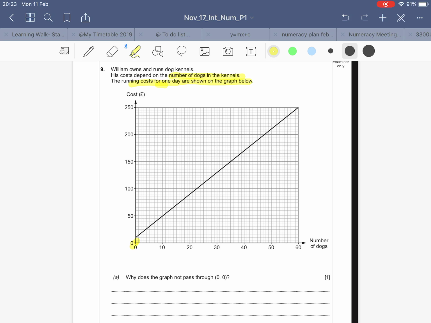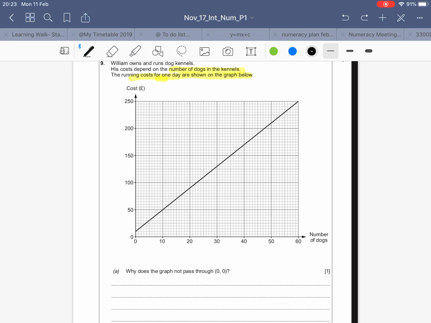0, 0 would actually indicate that if there are no dogs in the kennel, William doesn't have to pay anything, which wouldn't be true. So even if there's no dogs in the kennel today, he's still got to pay for the mortgage, he's still got to pay for electricity, he's still got to pay any of the bills that don't rely on feeding or walking or doing anything with the dogs.